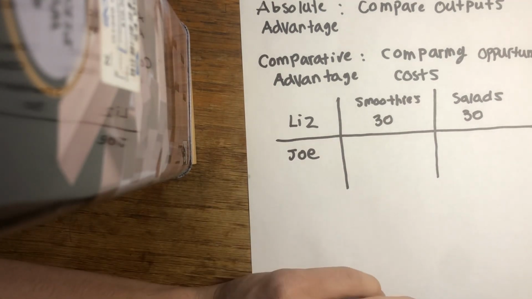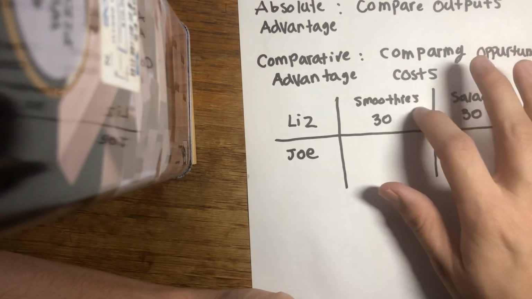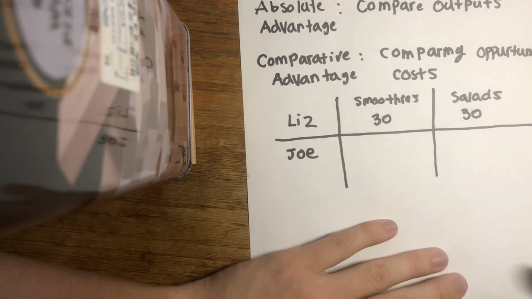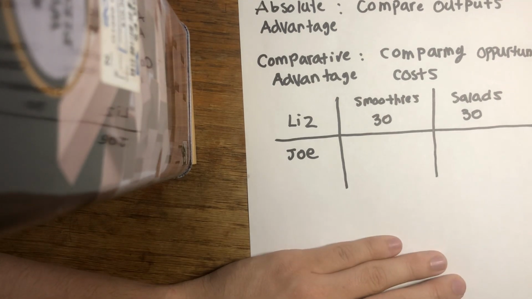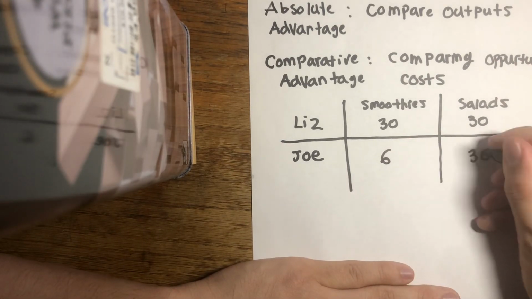Given her time available, this is the maximum she's able to produce. Okay? Now, given Joe's production possibility frontier, or given his values on the other hand, he can either produce 6 smoothies or 30 salads.